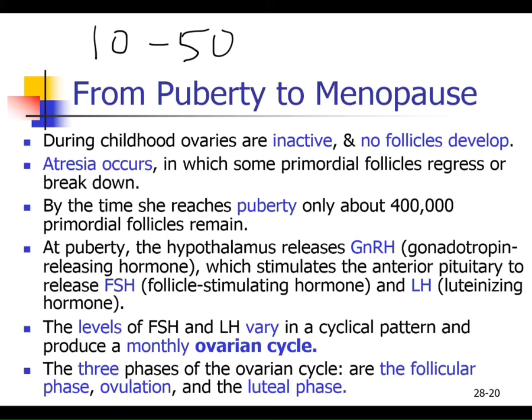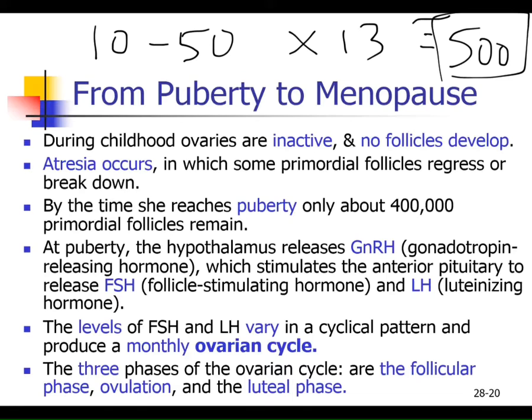So 40 years of releasing eggs and about 13 cycles per year, right? Every 28 days, average cycle, that's 13 times per year. So you're looking at around 480, let's say 500 for easy numbers to remember. So at the max, about 500 ovulations and 500 eggs being released.